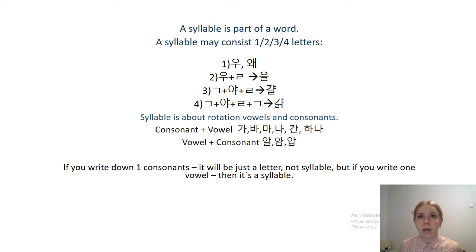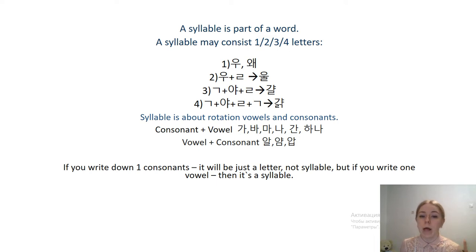In the Korean language, a syllable is part of a word. Any word can consist of 1, 2, 3, 4 syllables. It doesn't matter. One syllable may consist of 1, 2, 3 or 4 letters. 4 is the maximum.